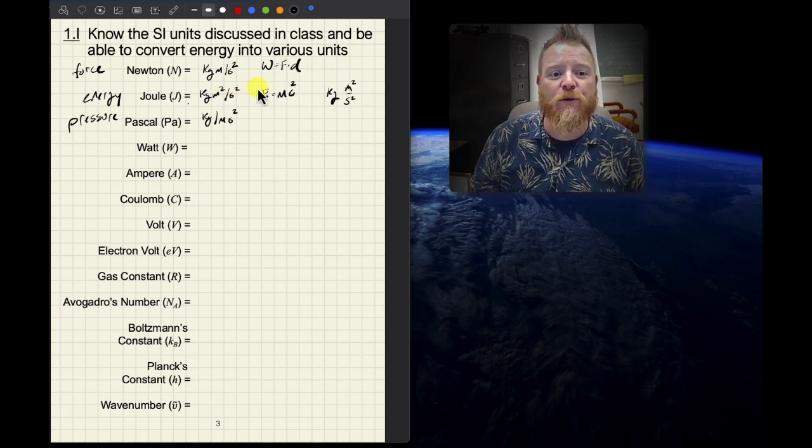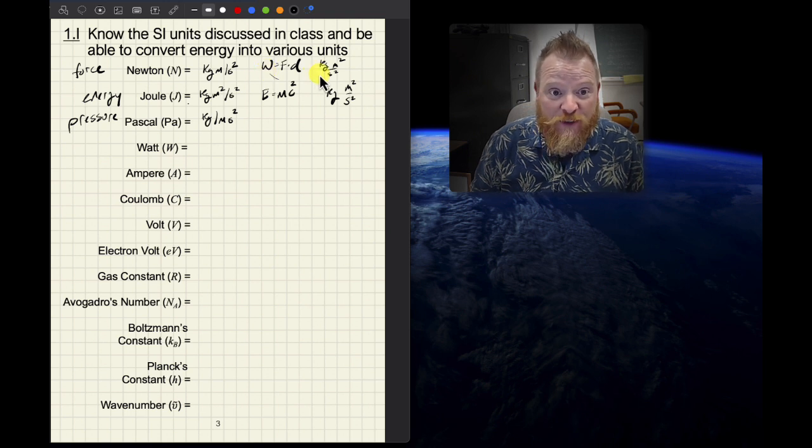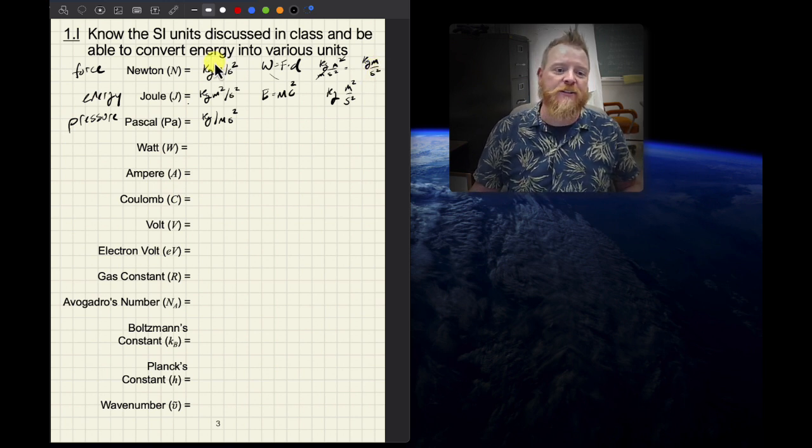We already worked through that the unit of energy is a kilogram meter squared per second squared. If we divide that by distance, we're putting another meter there, and this meter cancels with one of those meters, and we're left with kilogram meter per second squared. So we got it correct.